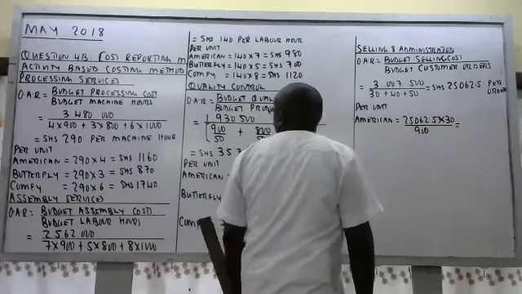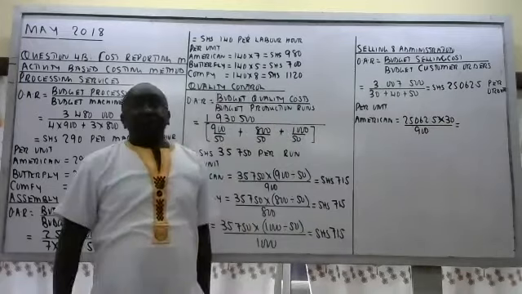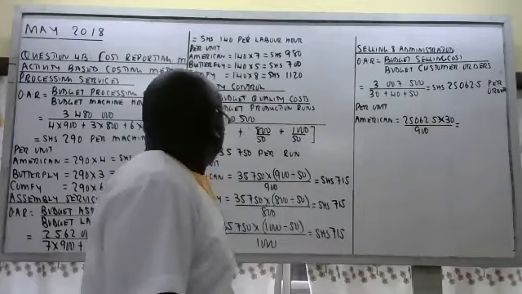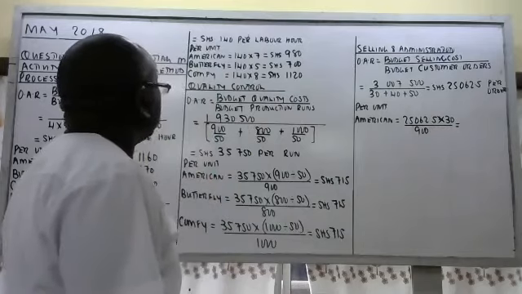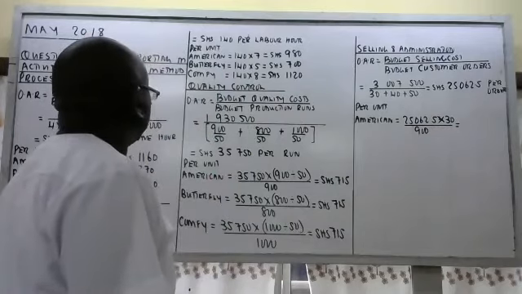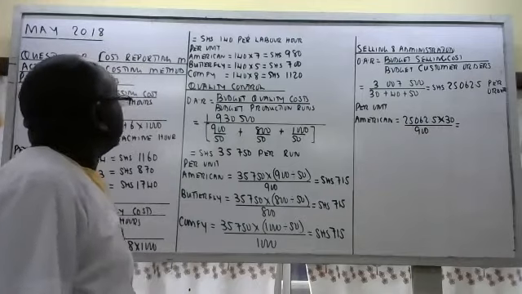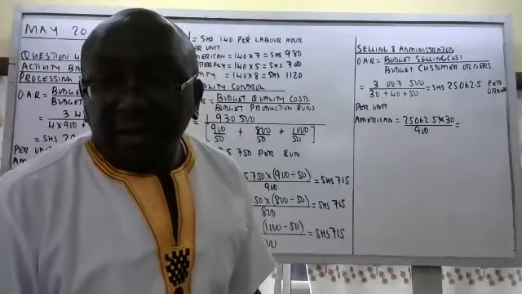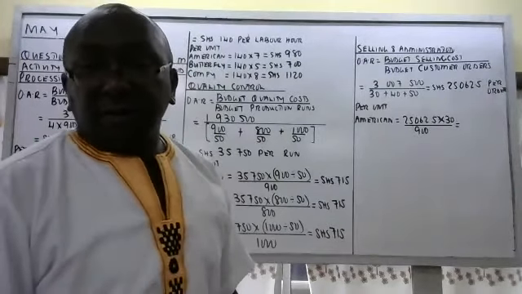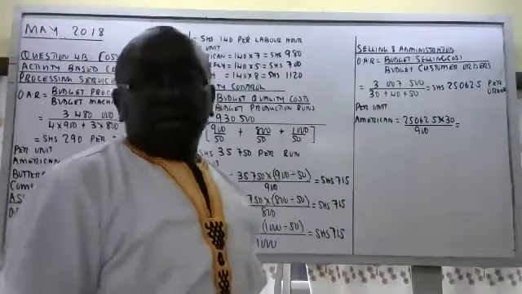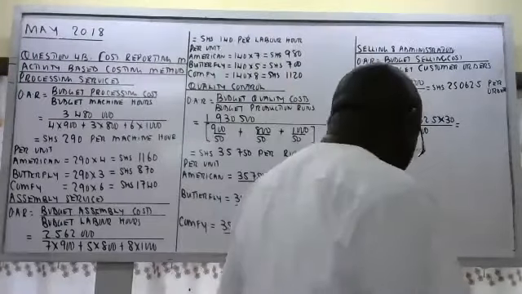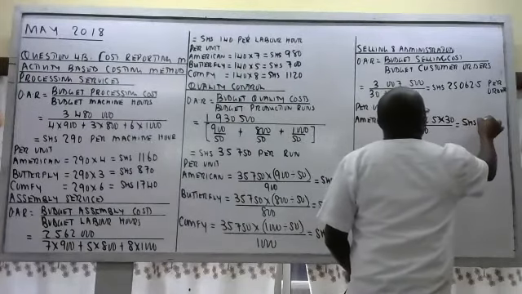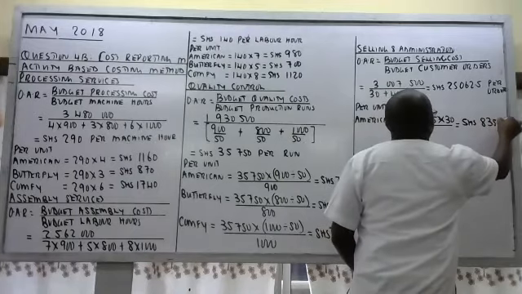Multiplied by 30, you divide by 900. 835.42. Let's go for 0.42. 835.42 shillings per unit.